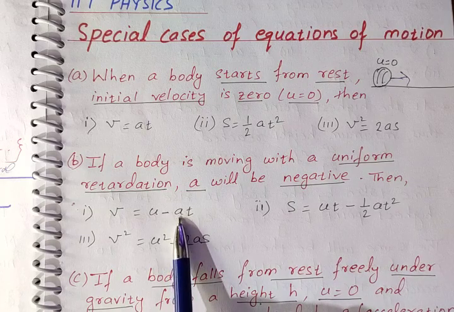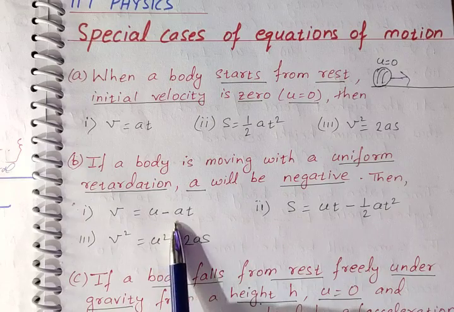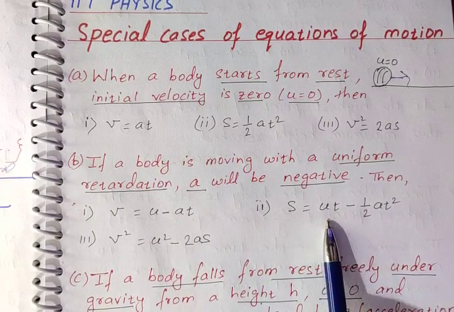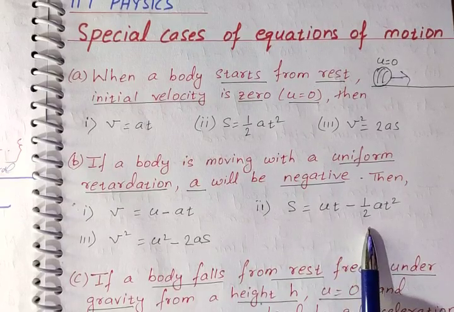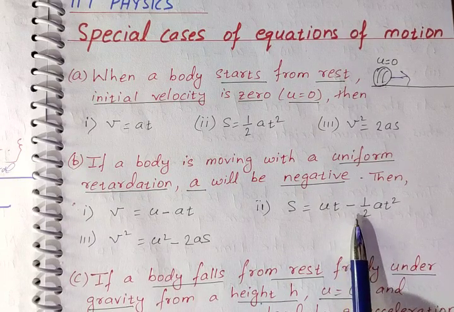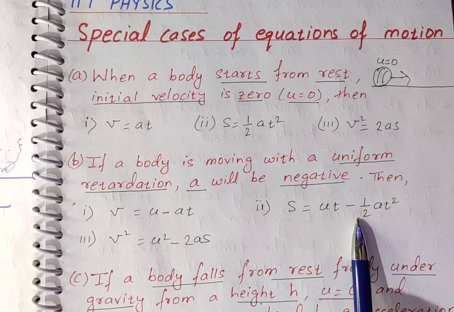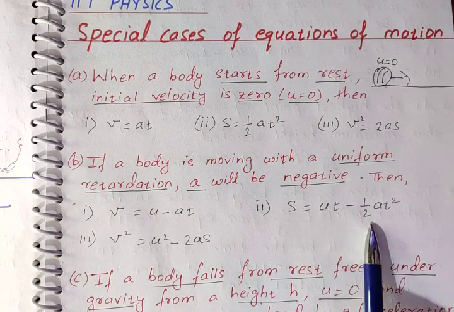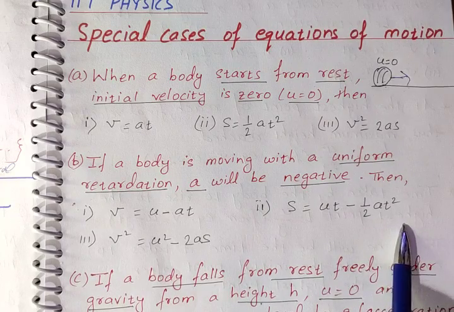Now in place of a, minus a, so the equation becomes v is equal to u minus at. Second equation, s is equal to ut plus half at square. As plus a is replaced by minus a, the equation becomes ut minus half at square.